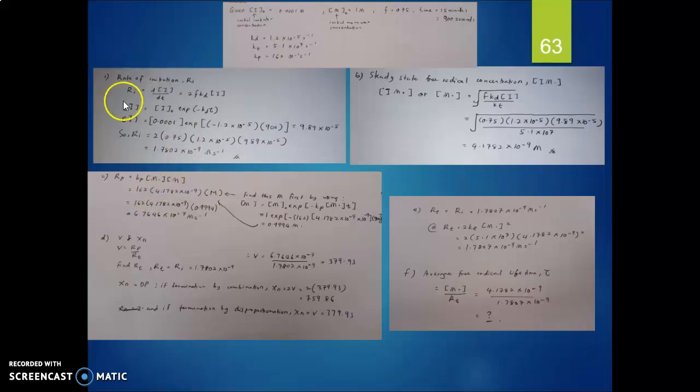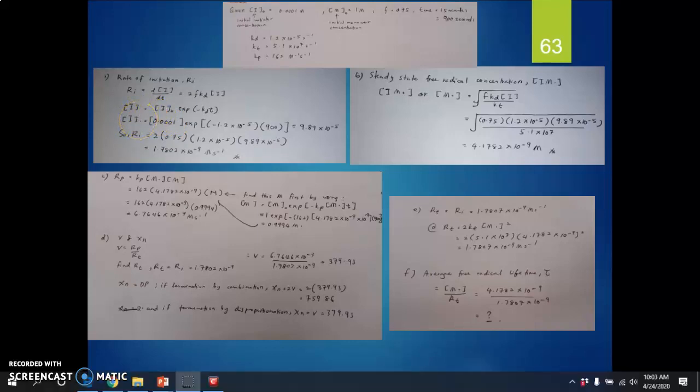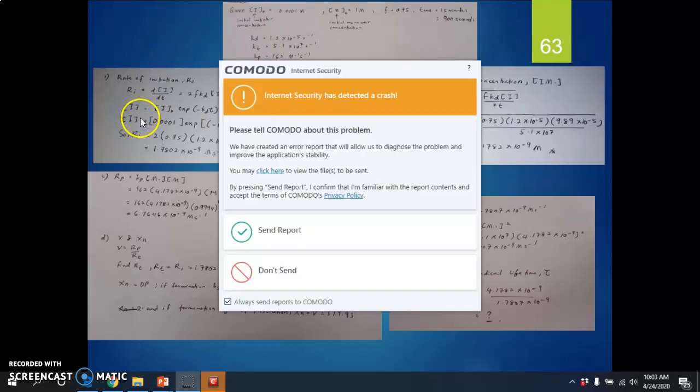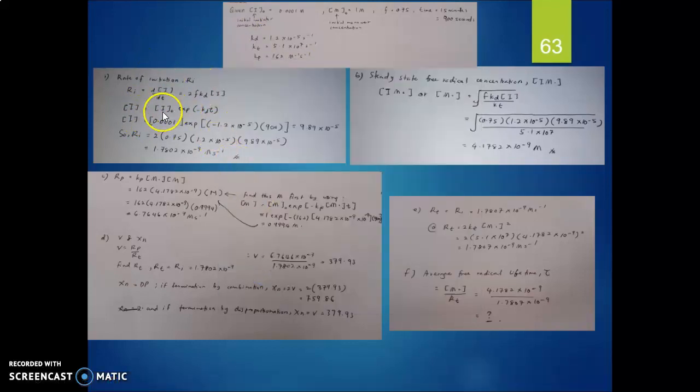Okay, in this calculation, you have found that this I is used to find the initial concentration, not the initial initiator concentration, right? By using this formula. So to find monomer concentration, you need to use this type of formula.